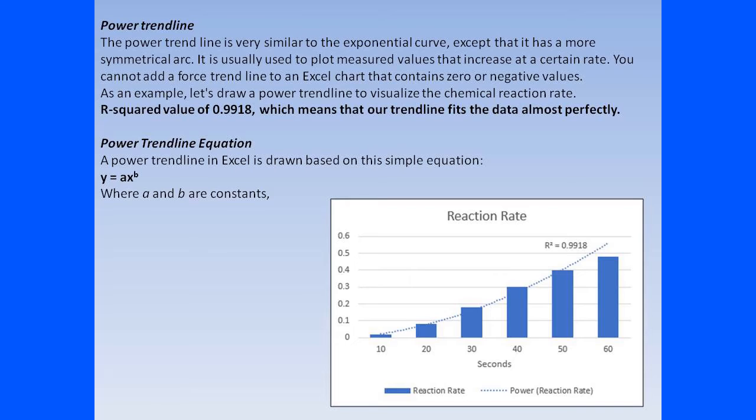So a power trend line can be used to visualize the chemical reaction rate, and it is a very good example of a power trend line. Okay. So the R square value of 0.9918 in this graph shows that our trend line fits the data almost perfectly. The equation for the power trend line is y equals a times x raised to the power b, where a and b are constants.